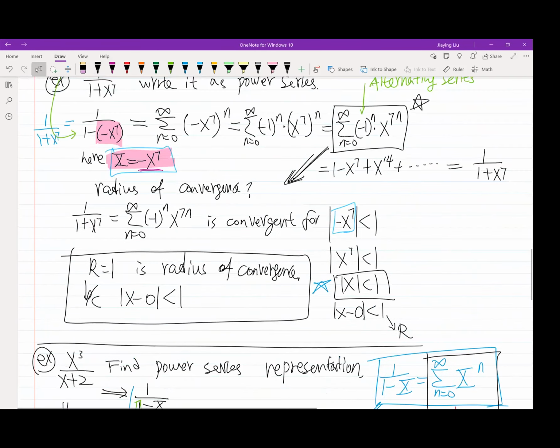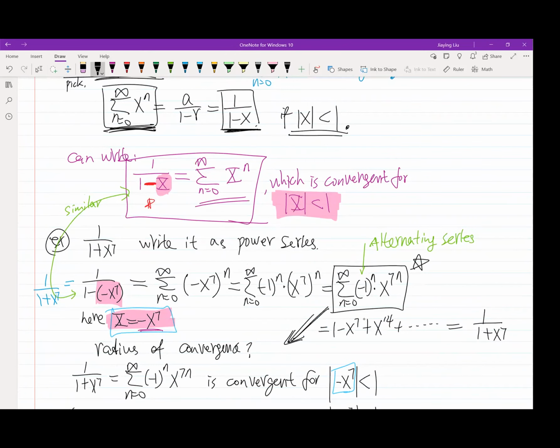So you kind of have to remember those all together. It's not just 1 over 1 minus x equals sigma x to the n. You also have to know that the series in this expression is only convergent when capital X in absolute value is less than 1.